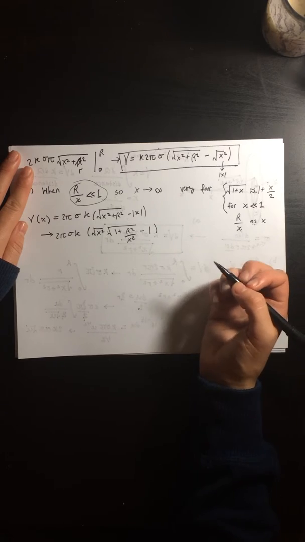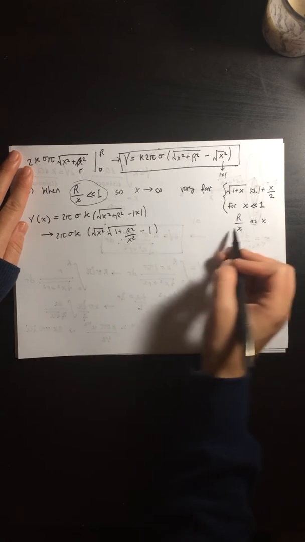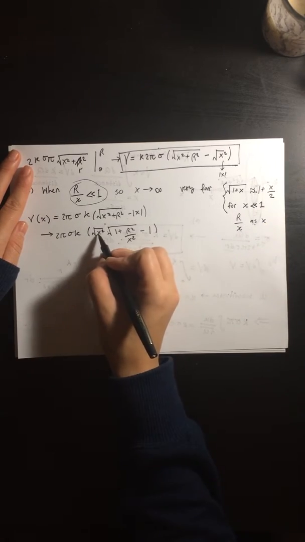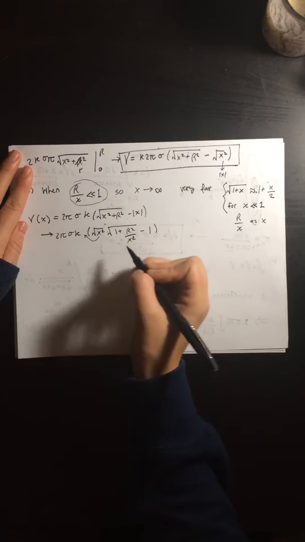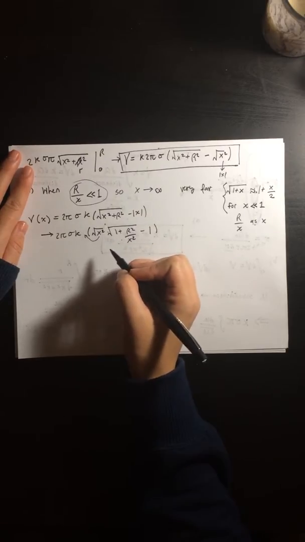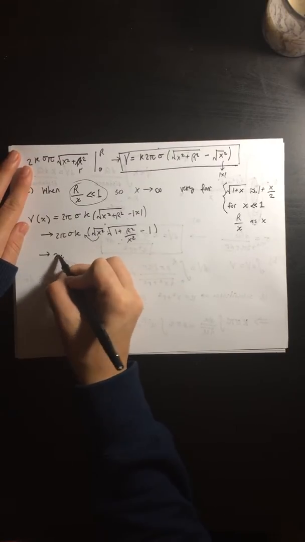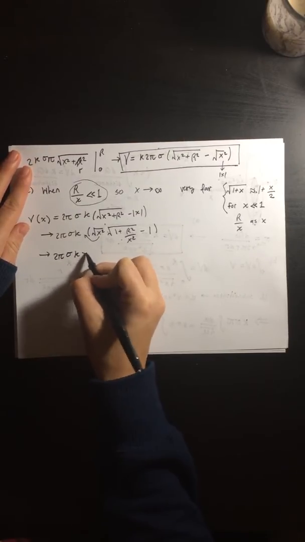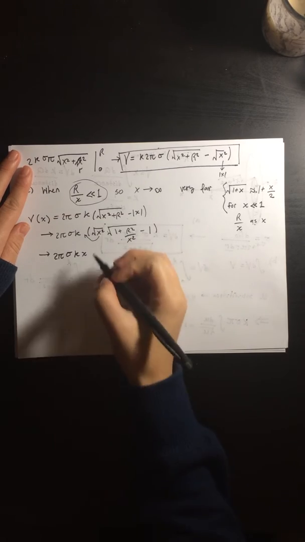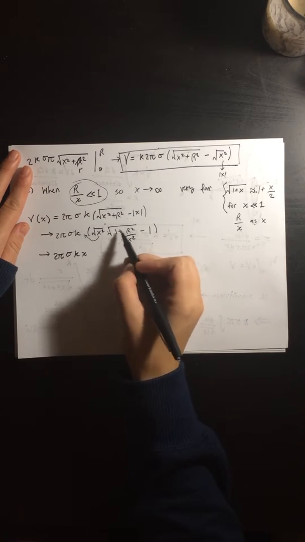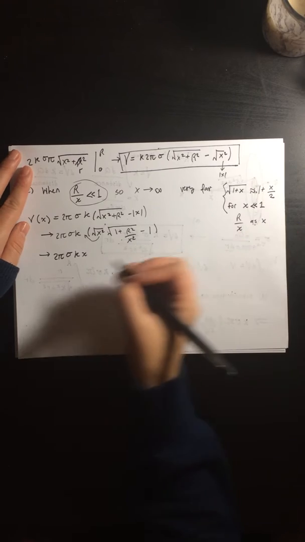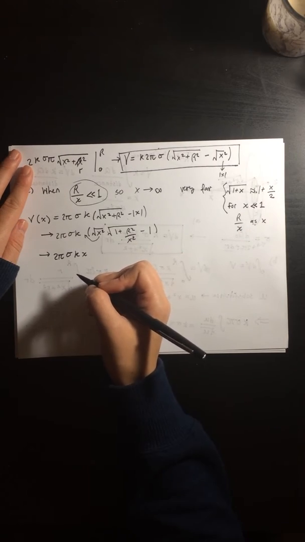So that means that now we can use our approximation, and we have to attach this over here, pull this out, and what we have is 2 pi charge density x, okay, and then we have this over here, which looks a lot like this over here, so now we can substitute.